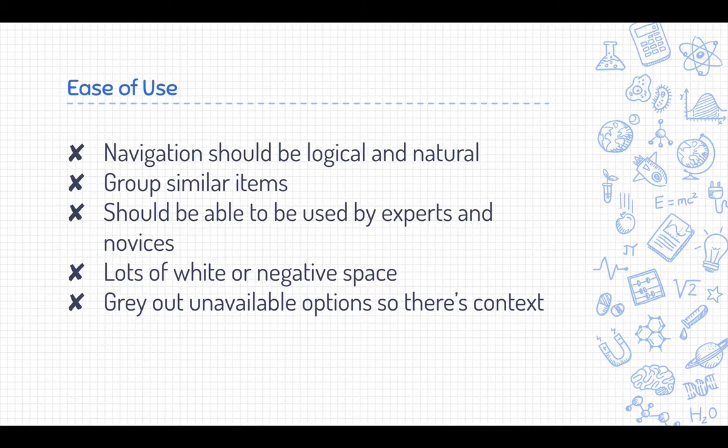Another big thing just about ease of use, if an option isn't available to a user yet, maybe you might need something else entered before they can enter a piece of data, you should grey that out. So your user immediately knows you can't enter that until you have entered the thing before. You should make it easy for them, guys. You shouldn't need a roadmap to using your UI. Should be able to be used by a range of people.